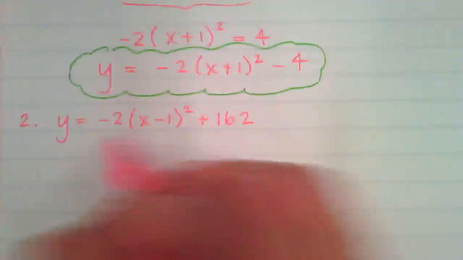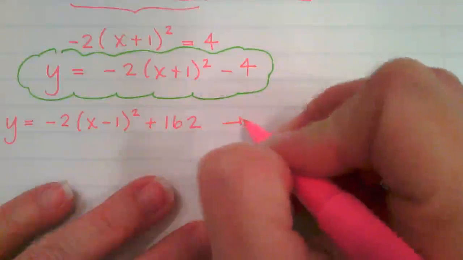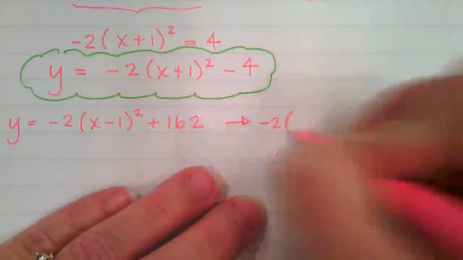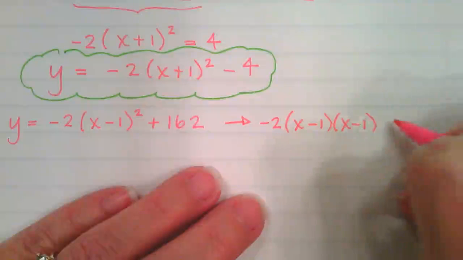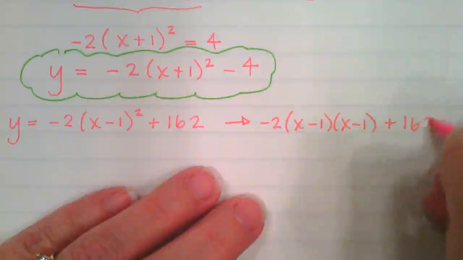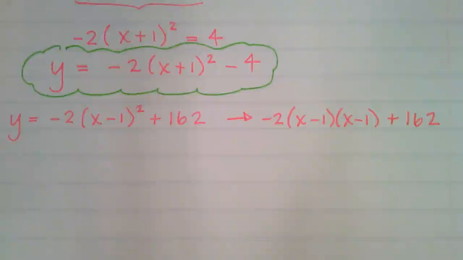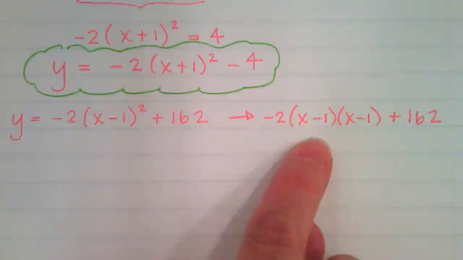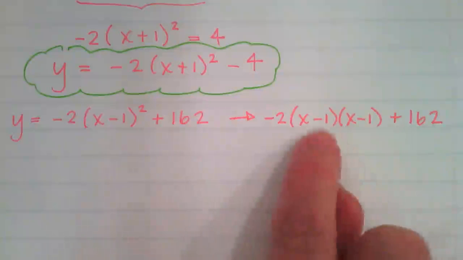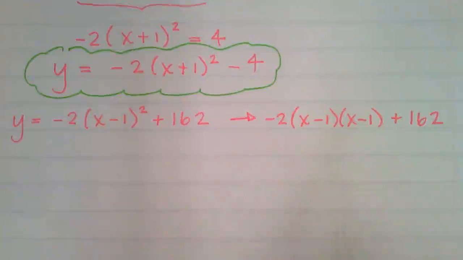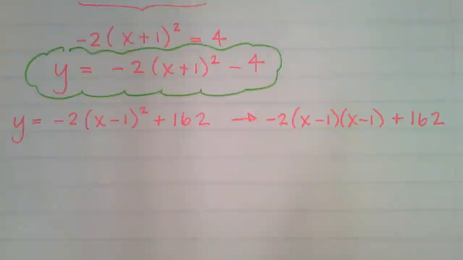So this is the same as -2 times x minus 1 times x minus 1 plus 162. So remember that unless our numbers are one's positive and one's negative, we're going to have a middle term. The only time we don't have a middle term is if these cancel each other out, and -1 and -1 will not cancel each other out.